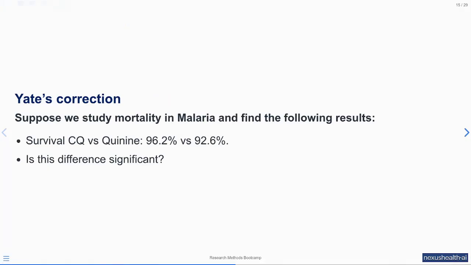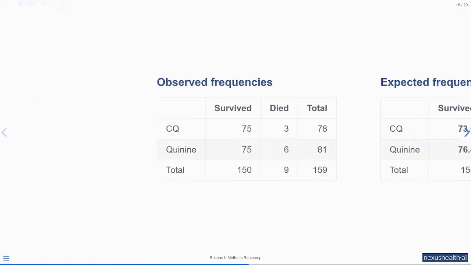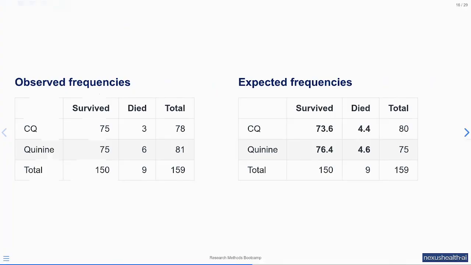Is this difference significant? So if we have a 2 by 2 contingency table, those who took chloroquine, 75 of 78 of them survived, and those who took quinine, 75 of 81 of them survived.